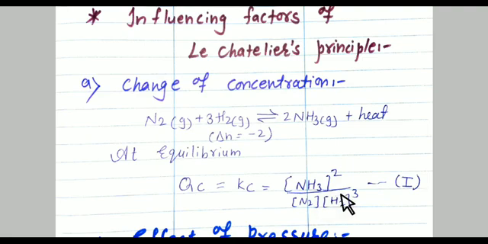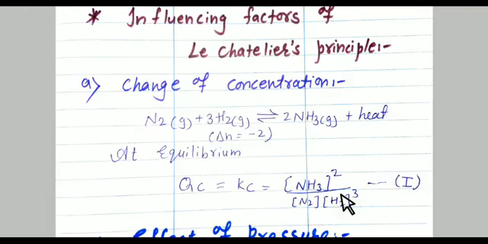So we are taking this reaction as an example for the effect of change of concentration. This is a reversible reaction, it is exothermic, the number of moles of product decreases, and in this forward reaction heat is evolved.